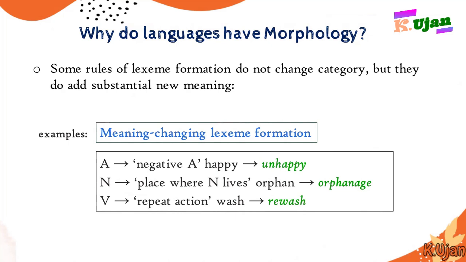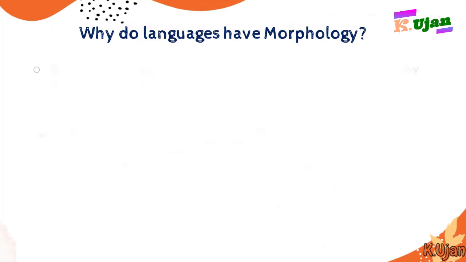The word orphan, orphanage. So it changes its meaning. The word wash, rewash. So again, it has another meaning. So meaning changing lexeme formation also happens.